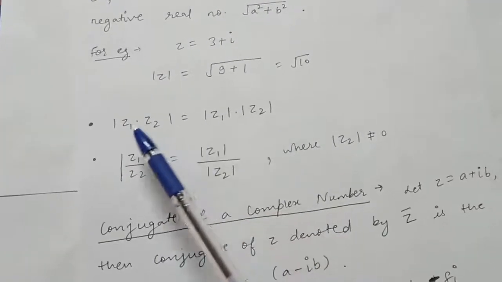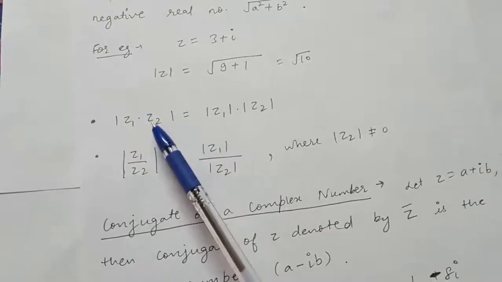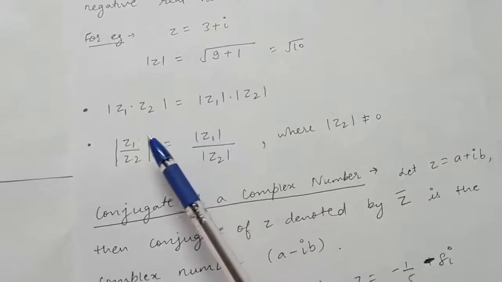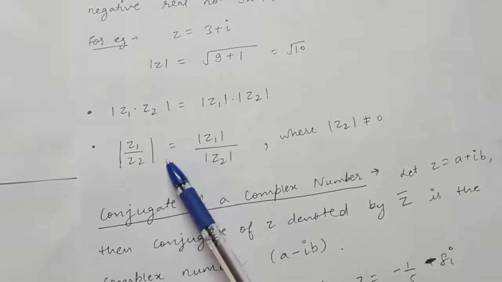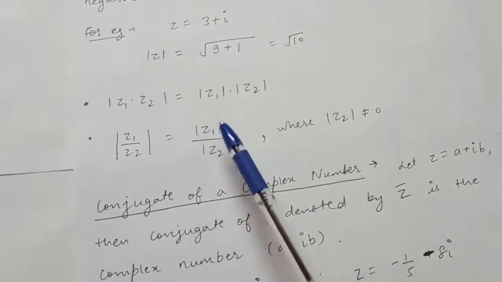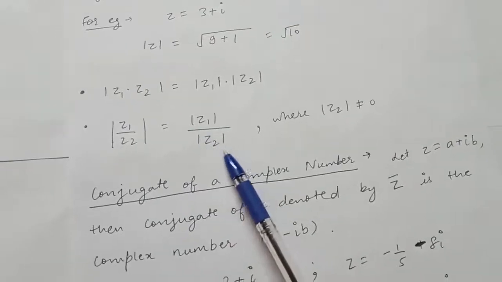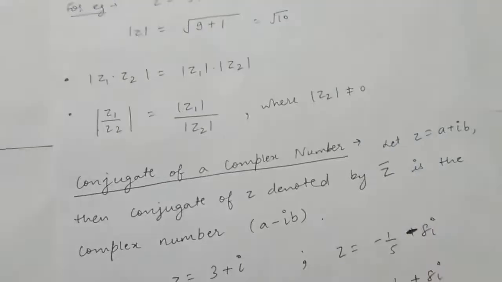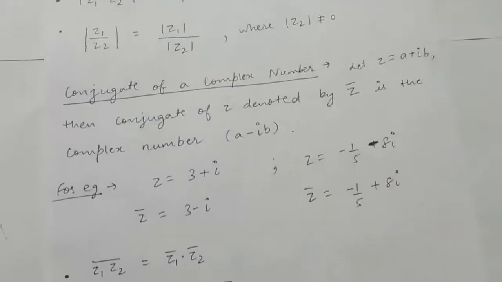That is, if two complex numbers are in the product, then you can take their moduli separately. Now modulus of z1 by z2 is equal to modulus of z1 upon modulus of z2, where modulus of z2 should not be equal to 0, right? Now comes the conjugate of a complex number.